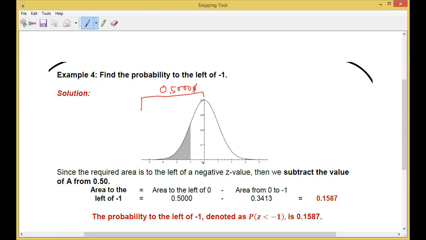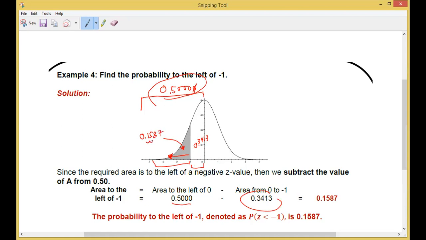Now, the area from 0 to negative 1 is 0.3413. Since to the left of negative 1 will not pass by 0, then we need to subtract it from 0.5000. That is 0.5000 minus 0.3413. What's left? This area left is only 0.1587.